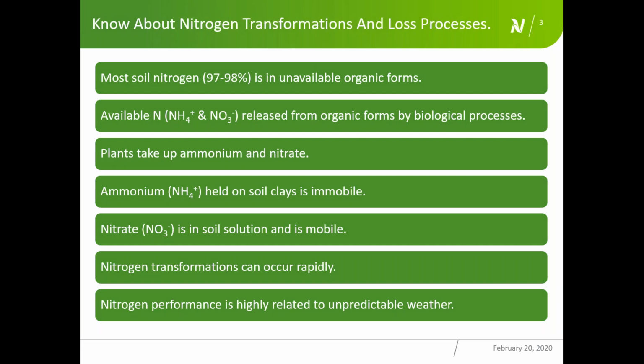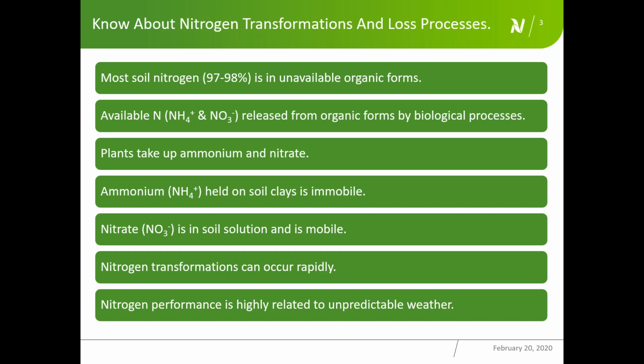So there's obviously a great deal to know about the nitrogen cycle and all the different things that can happen in the field. It's very complex. There are many processes going on, but a few of the basics to keep in mind. Most of the nitrogen in the soil is in an organic form. It's not available to plants.